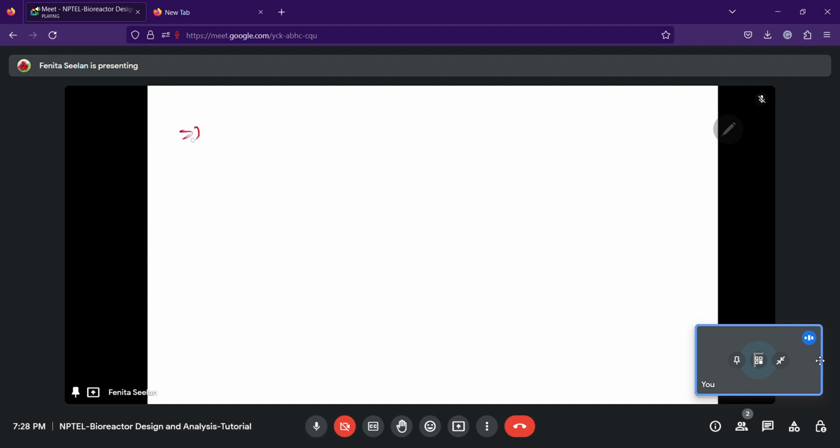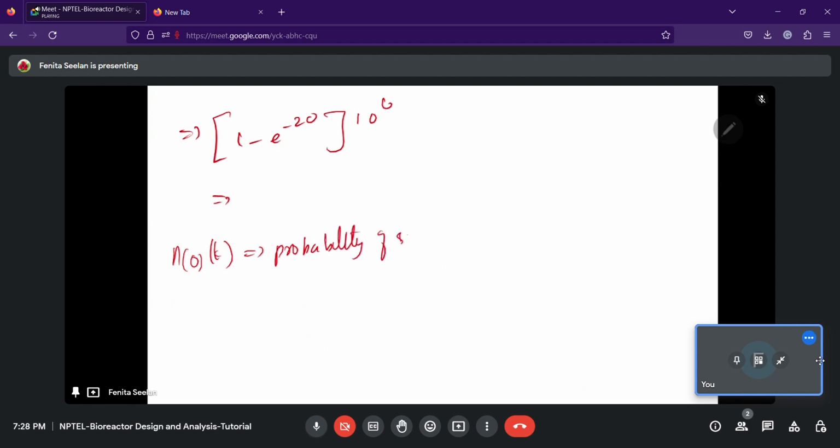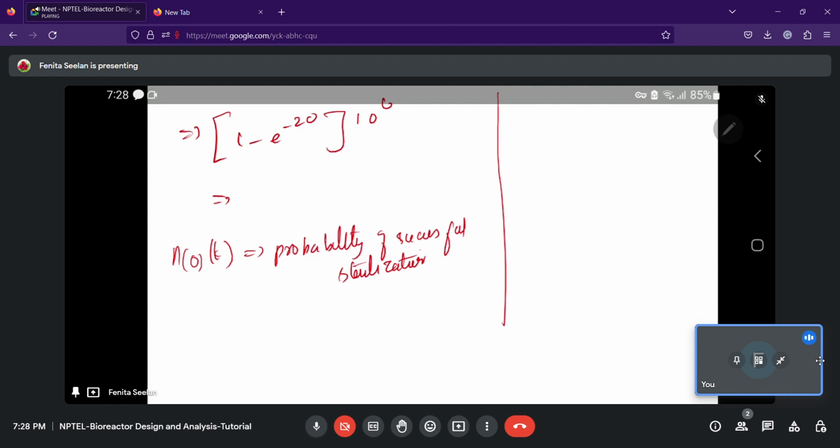So that would be 1 minus e power of minus 20, 10 power of 6. This is one way. So this will give you your probability of successful sterilization, in case your temperature is at 121 degrees Celsius as given. So you have to find this answer.